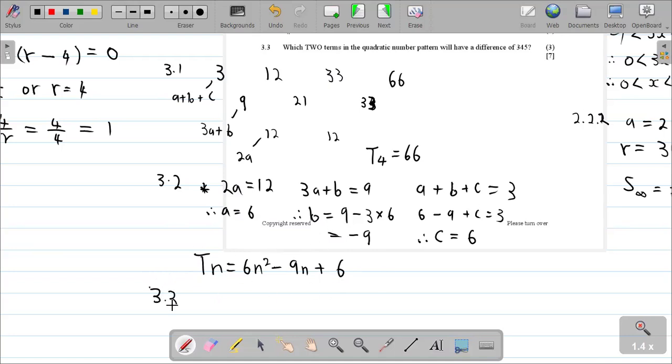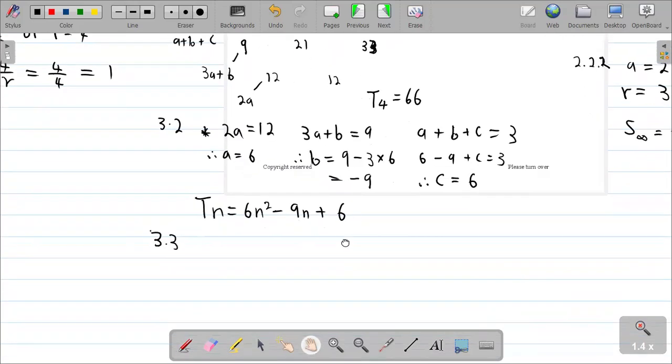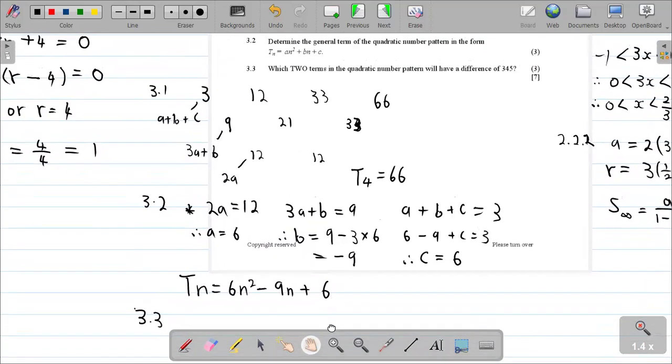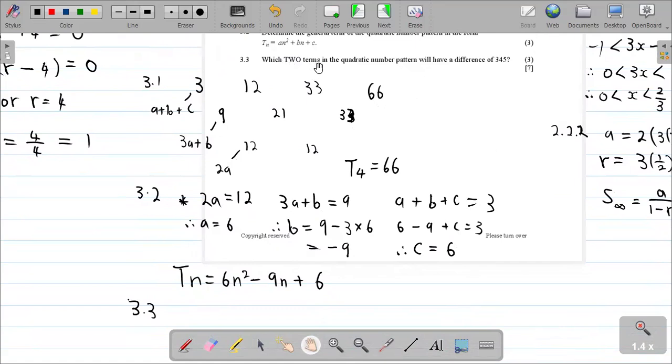Then 3.3. What they want is which two terms in the quadratic number pattern will have a difference of 345?